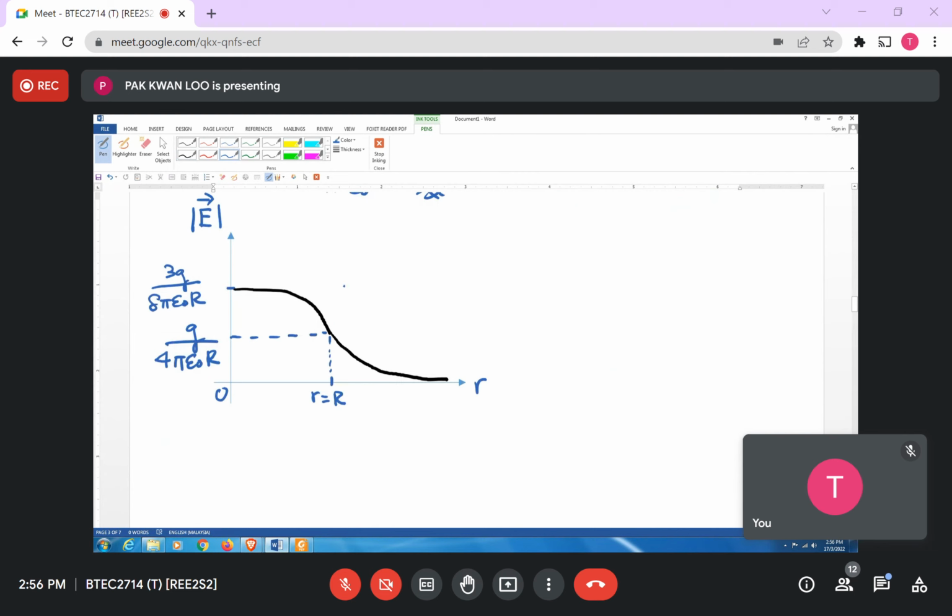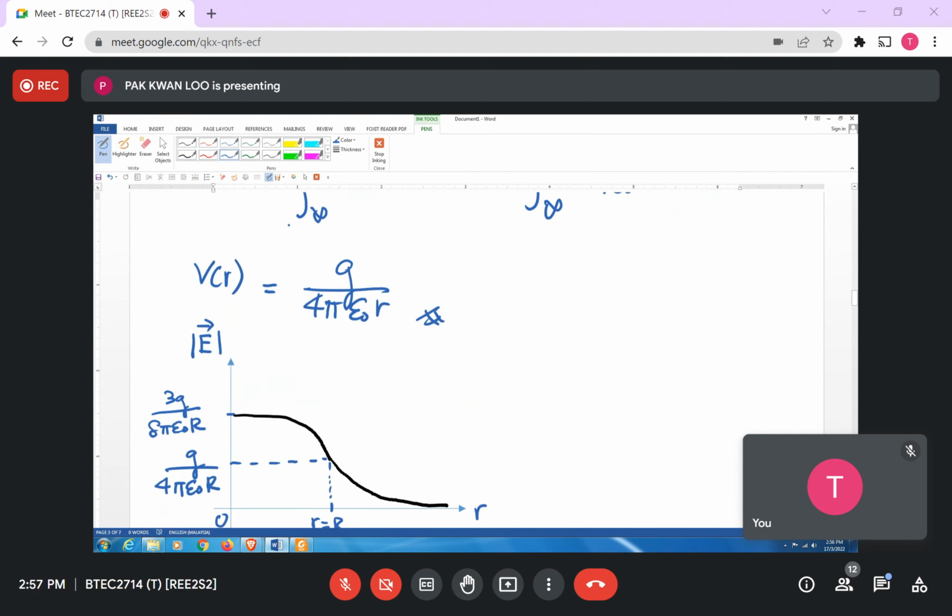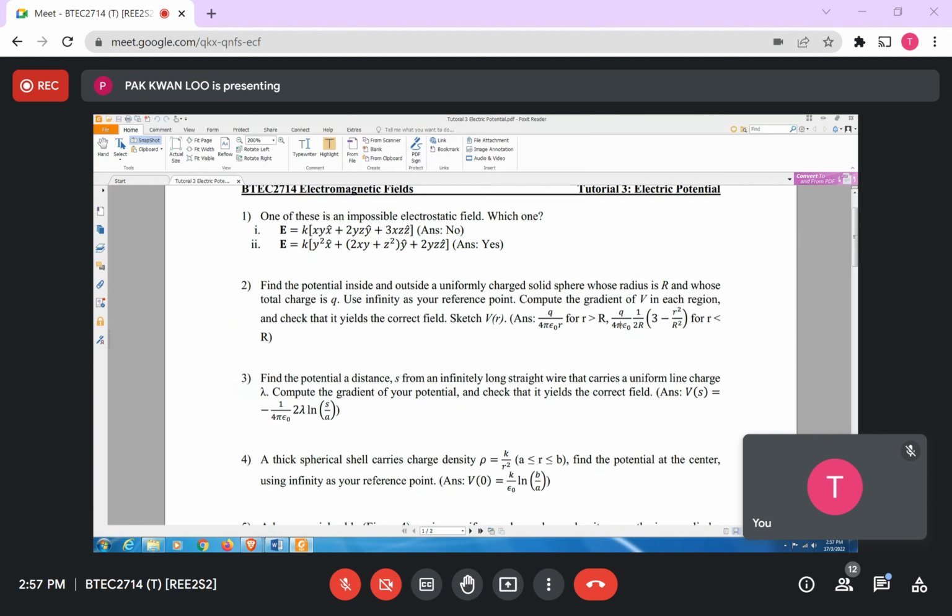Now we have V. The next part of the question says to compute the gradient of V in each region.